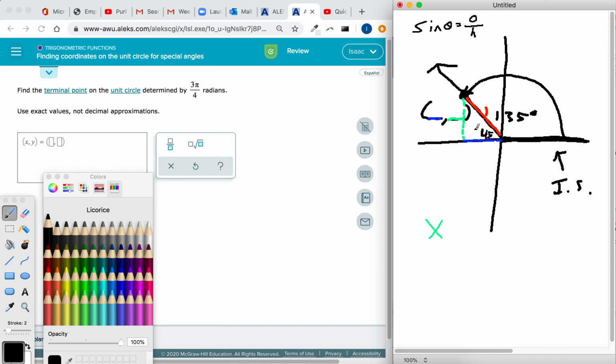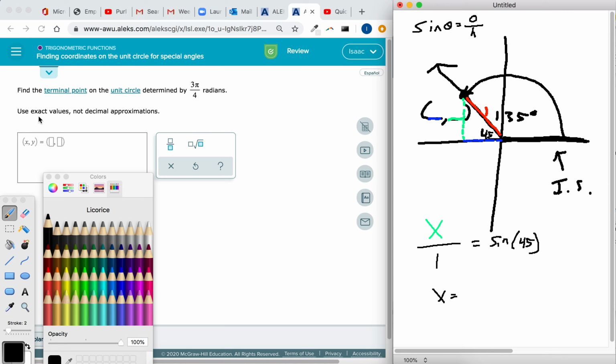What's opposite of 45 is x. The hypotenuse of the triangle is 1. We label that in red. So that should equal sine of theta, which in this case is 45. Now we've got a little equation we could solve for sine. Sine is square root of 2 over 2.